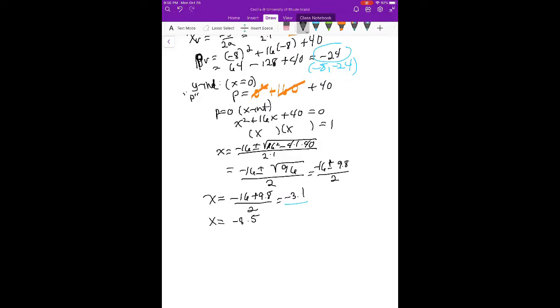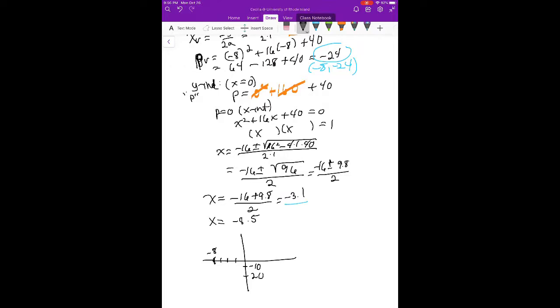So let's go ahead and graph this. All right, so let's go to minus 8, minus 24. So let's go minus 2, 4, 6, 8. Let's say that's minus 8. And we're going to go over here to minus 24. So let's count by tens.